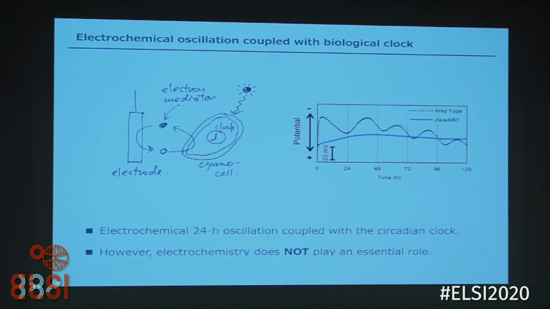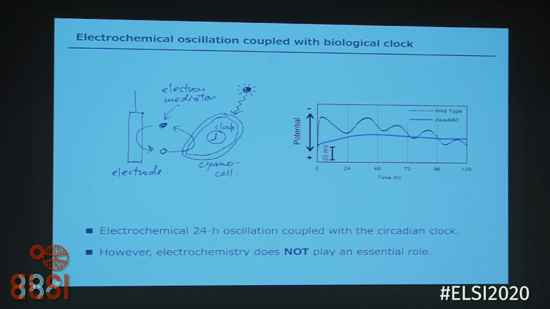So this morning, we had a lecture by Akiyama-san, so now we are familiar with the cyanobacterial clock. And as he explained, the cyanobacterial cell has a clock, an oscillation inside. If we can connect the intracellular region and an electrode, for example by using a mediator, we can detect the rhythm by an electrochemical method.